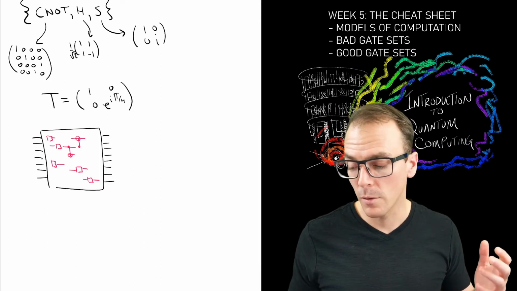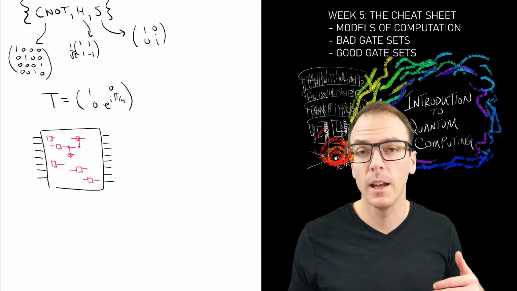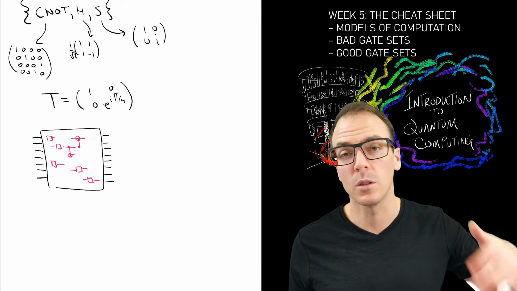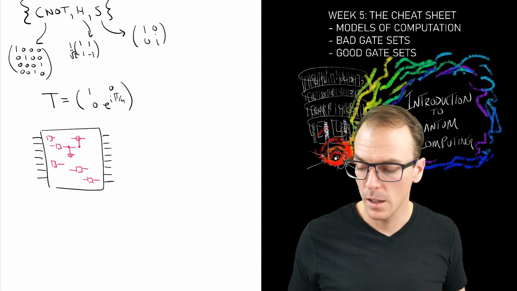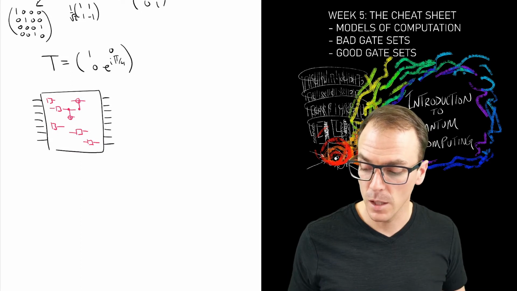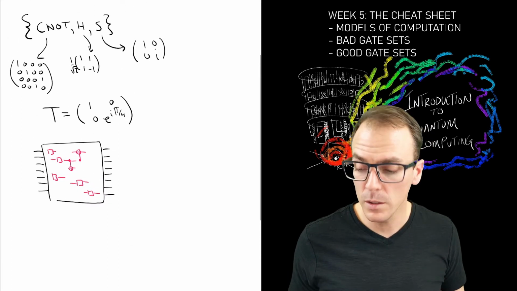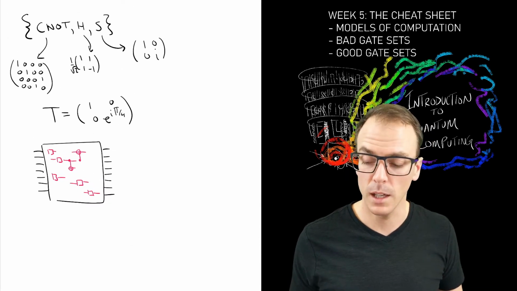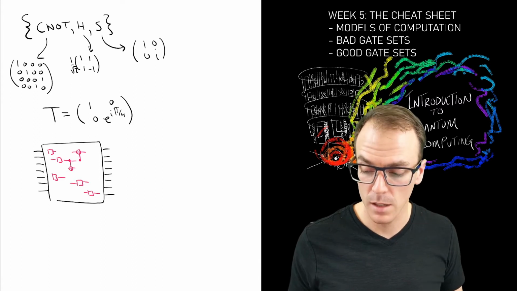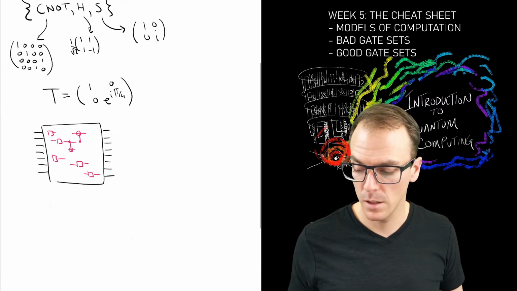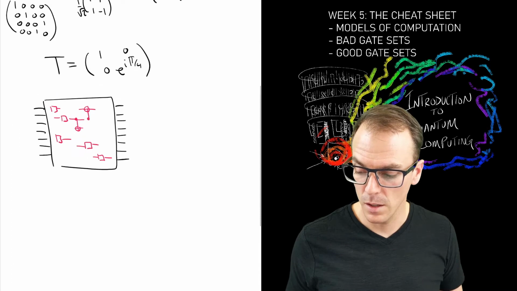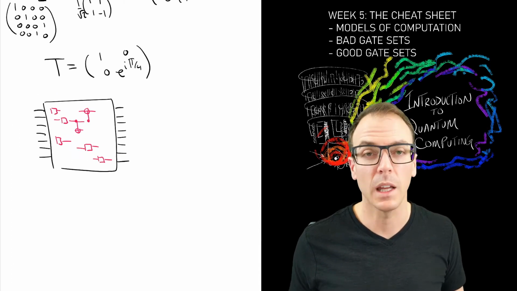So with very little overhead, I can get closer and closer to the target gate. So that's great. And the important thing here is that I only need a single 2-qubit gate and 3 single qubit gates, and I don't need any more complicated gates than that.